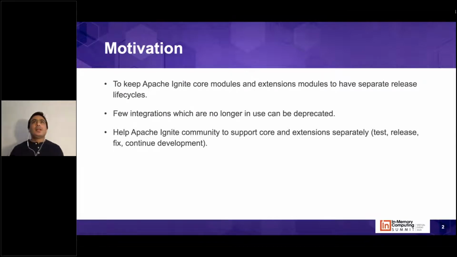So we took it as an opportunity to look at some of the modules which are not very much used by the community and can be deprecated and no longer need to be supported, and also help the Apache Ignite community support core and extensions separately. As we go through this presentation, we will see how we differentiate those projects and what the different modules are.